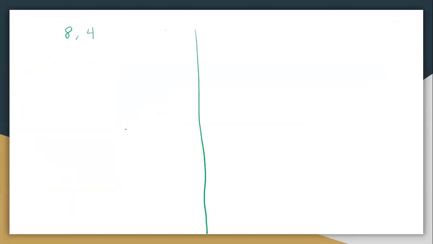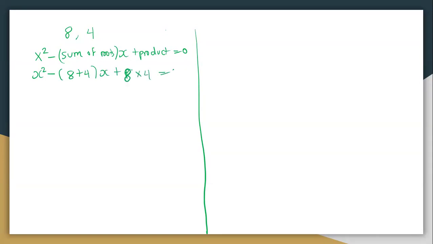For the first approach, we can say x squared minus the sum of the roots x plus the product is equal to 0. So here we shall say x squared minus the sum of the roots, which is 8 plus 4, x, then plus the product, 8 times 4, equal to 0.